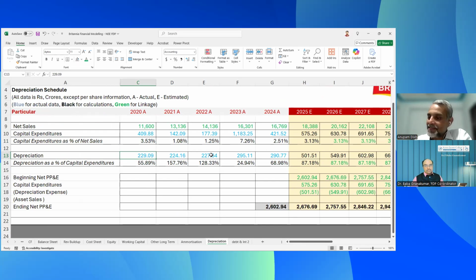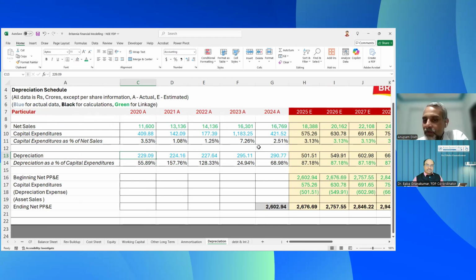So if the company is increasing the capital expenditure in the coming years, the depreciation is going to increase. If the company is not doing capital expenditure in the coming years, the depreciation is going to decrease, right? That is the premise that we are going to work on. Our depreciation is directly linked to the capital expenditure, right?